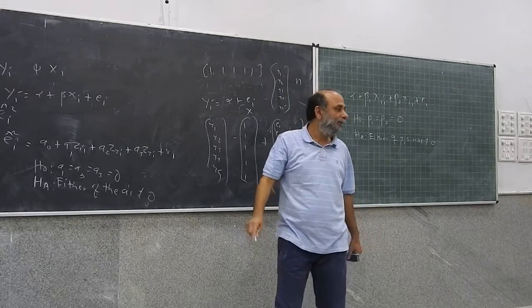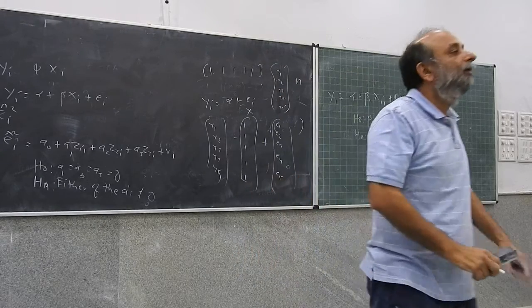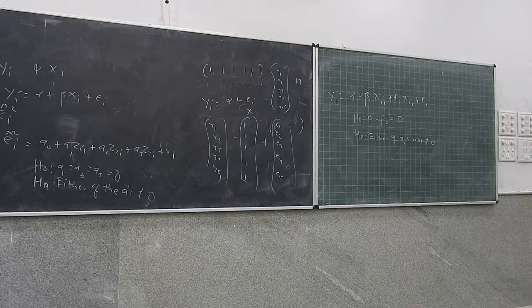So x dash y is summation y. X dash x is just a scalar number, so its inverse is 1 upon that scalar number. So x dash x inverse is 1 upon n. And what is x dash y? Summation y.